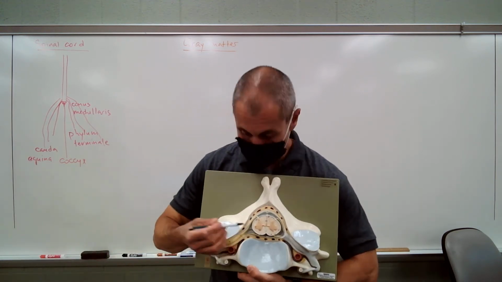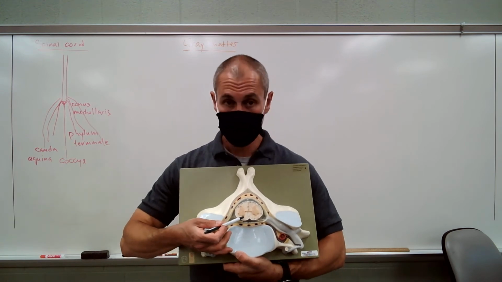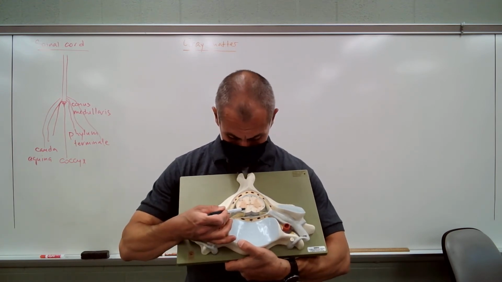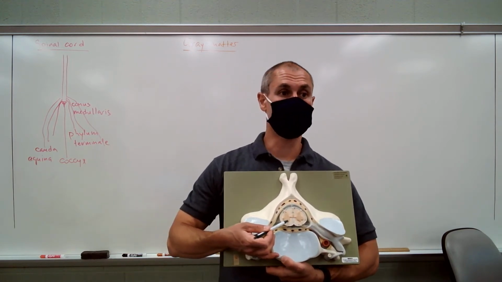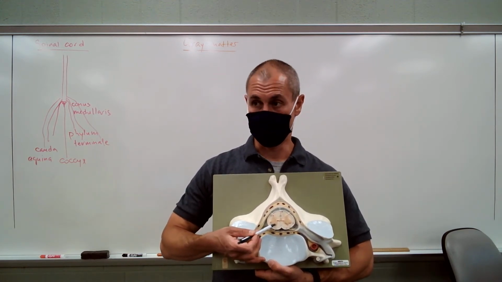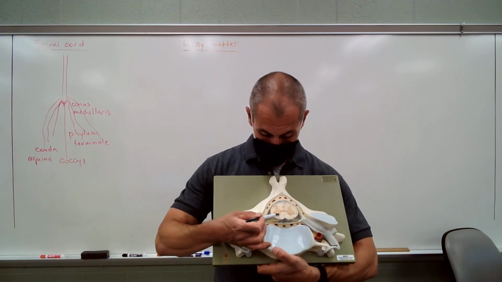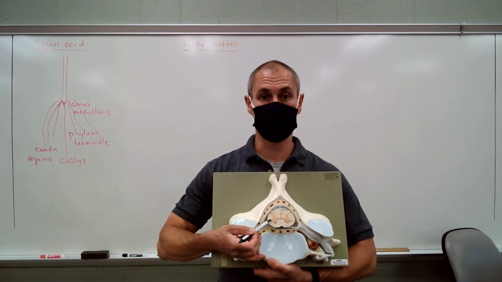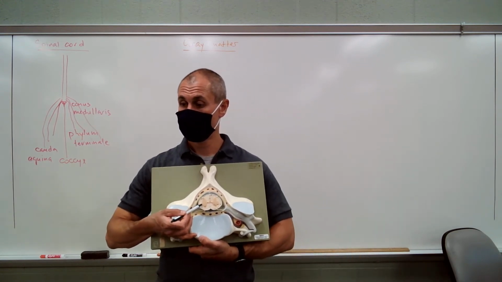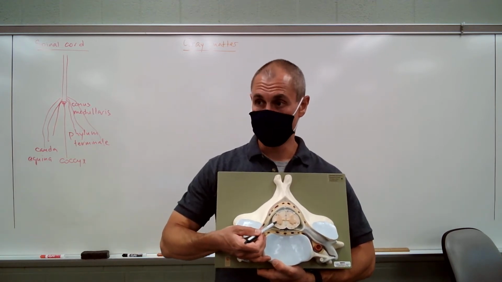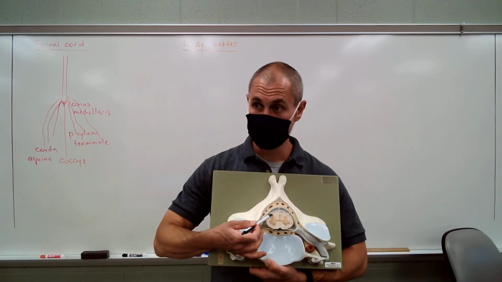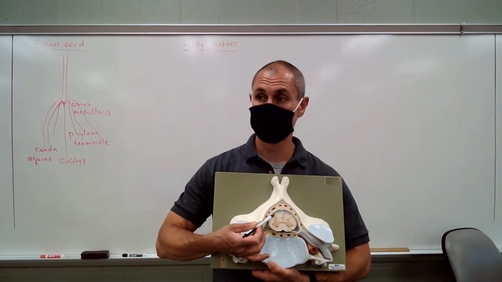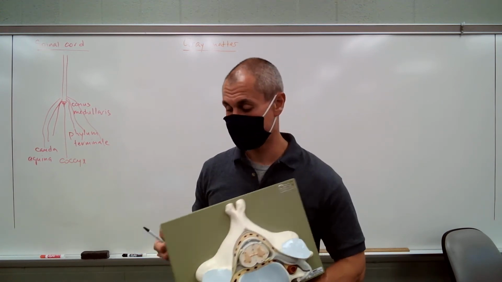So look at this. Look at your models. This one, which is number 36 on the model, is the so-called ventral horn. The structure numbered 37 is the lateral horn, and the structure numbered 38, for obvious reasons, is the dorsal horn.